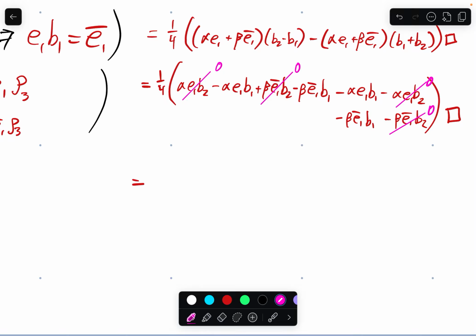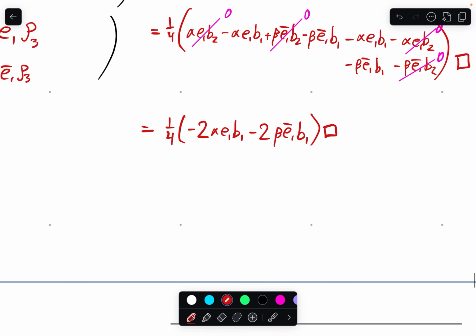So we're just left with 1, 2, 3, 4 terms. So this is going to just be 1/4. It's going to be minus 2 times alpha E1 B1 minus 2 times beta E1 bar B1, and then box.